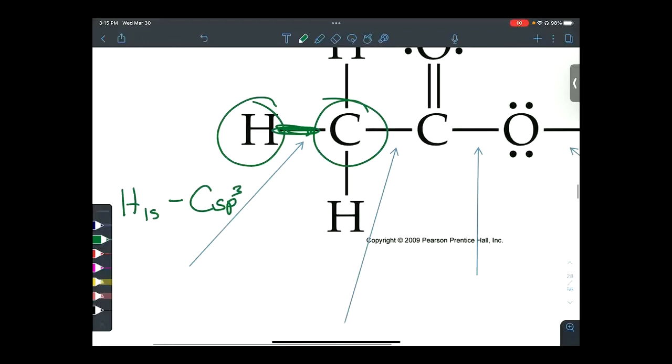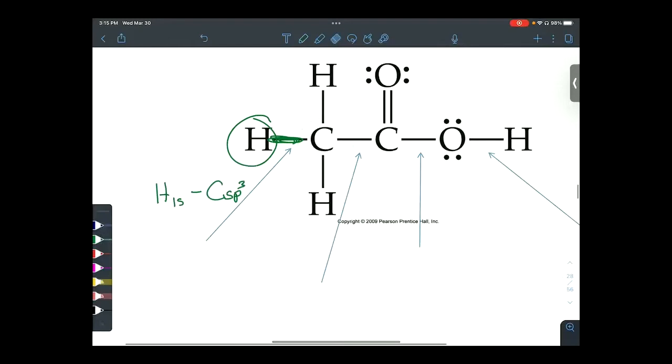So for the next bond, again, you just look and think, what are the orbitals involved in the two adjacent atoms? Going left to right, we are working with this carbon again, so that carbon's sp3 orbital is overlapping with the second carbon's sp2 orbital. Okay.